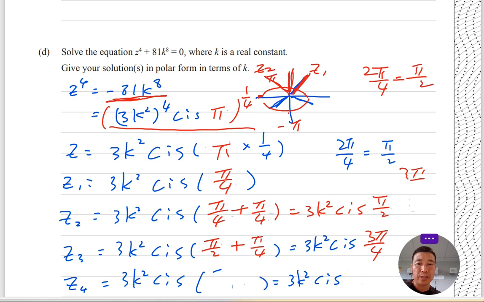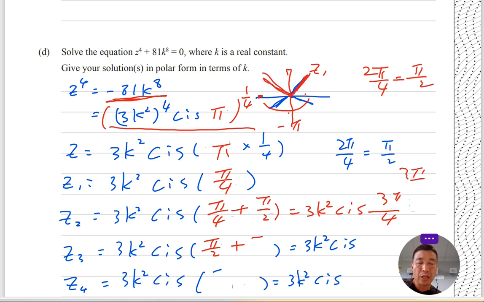So the first one is right, pi over 4. And then you have to add pi over 2. So 3 pi over 4 is the second answer, right?